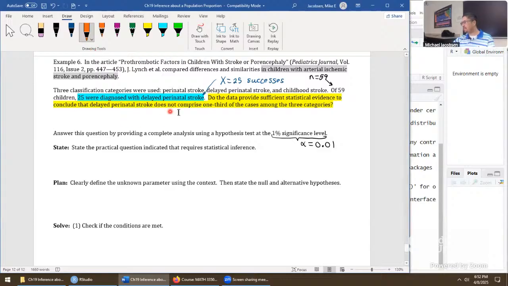They're just saying, weird way to say it, is not equal to 1/3 in a really verbose, wordy way. Because probably doctors talk like that a lot, and pediatricians are specialists, so we should be expecting that. Does not compromise 1/3 is saying P not equals 1/3, but even better, the not equals there is saying 2-tailed test.